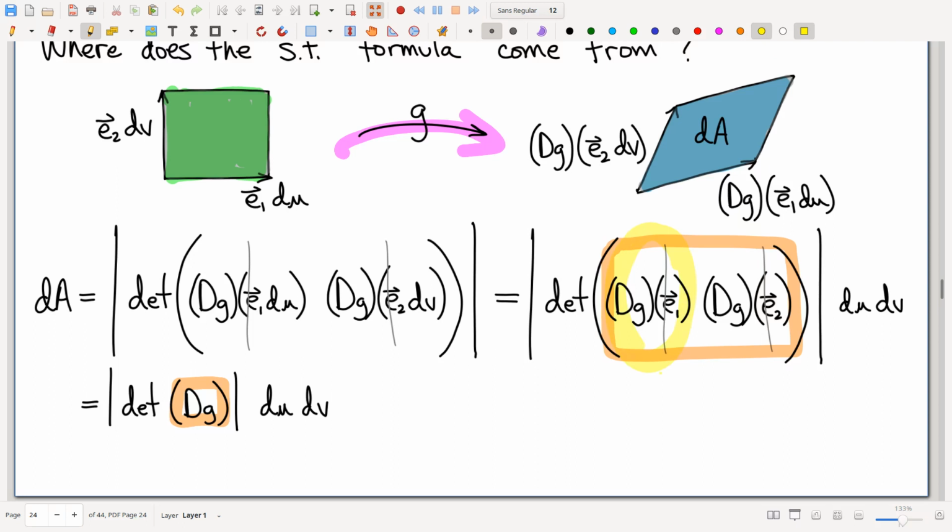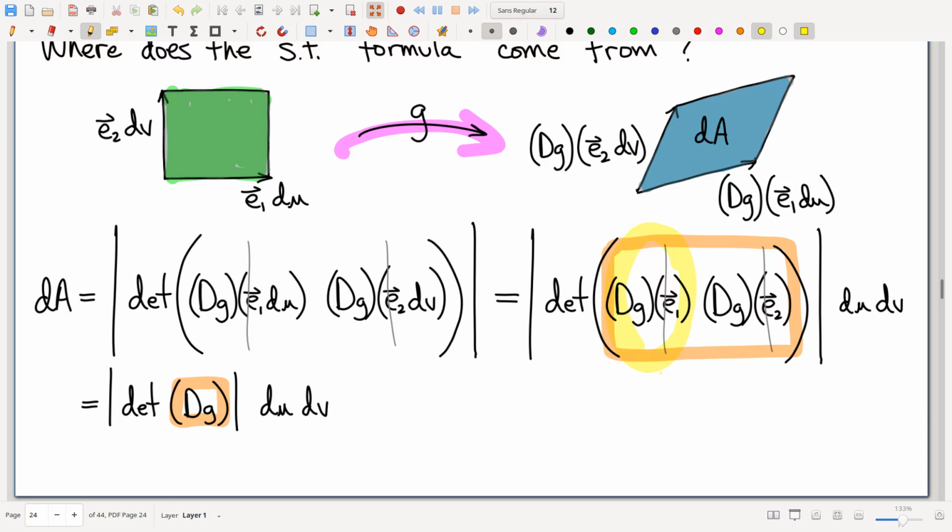Ignore everything else. Looking only at this first column, I've got dg times E1. Now what happens when I multiply a matrix times a standard basis vector? Think back to linear algebra. A matrix times a standard basis vector gives you a column of that matrix. Right? This being E1, I'm going to get the first column of dg.